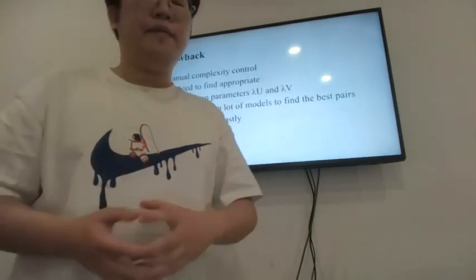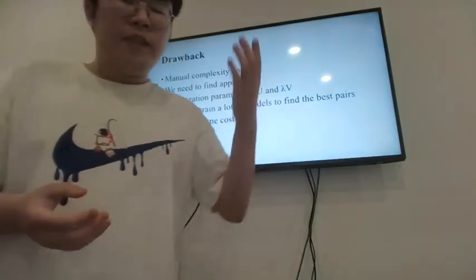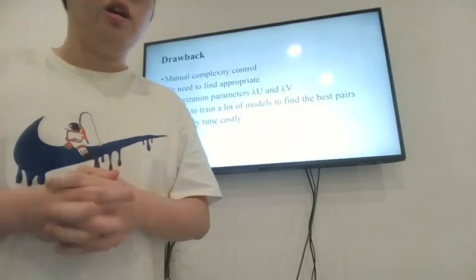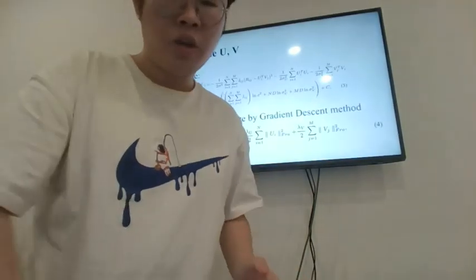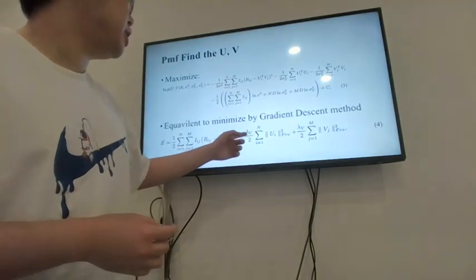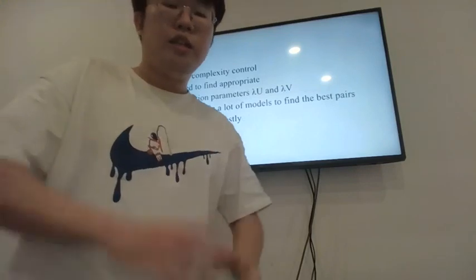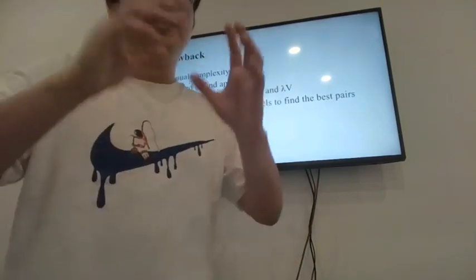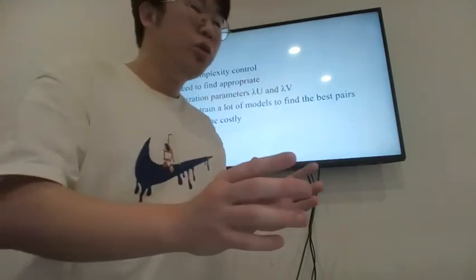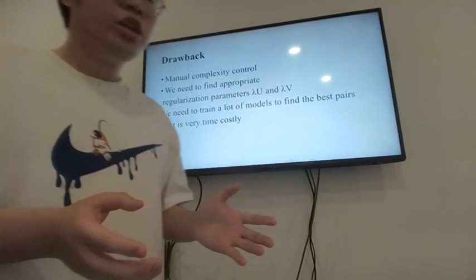But this method has several drawbacks. The first drawback is that it needs a human to control the complexity. More precisely, we need to control the regularization parameters lambda U and lambda V. The idea is that there is a set of appropriate lambda U and lambda V, but we don't know which one is the best.